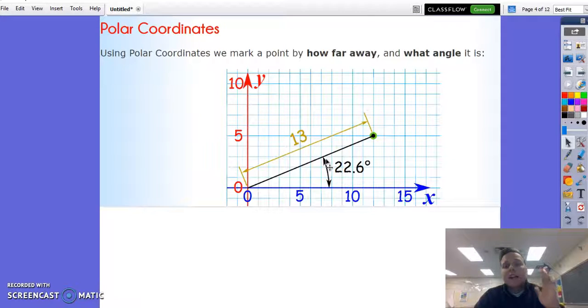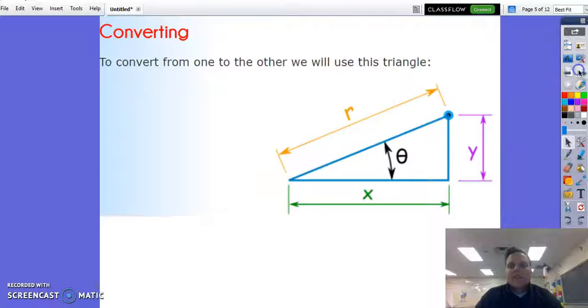Most of your homework will be in radians, but in this problem we're dealing with degrees. I will do an example for a radian problem at the end. So we have a directed distance of 13 and a theta of 22.6, so r comma theta would be 13 comma 22.6.